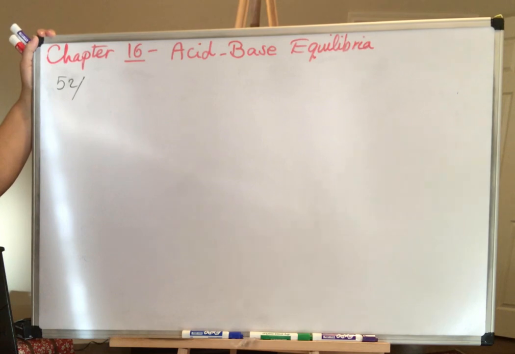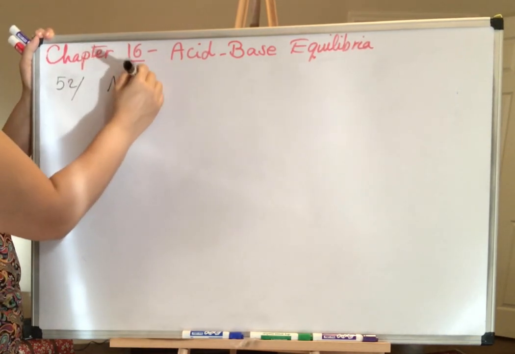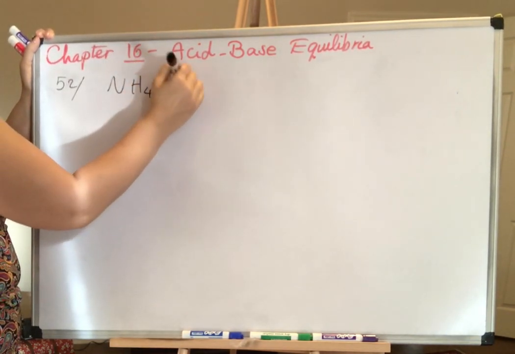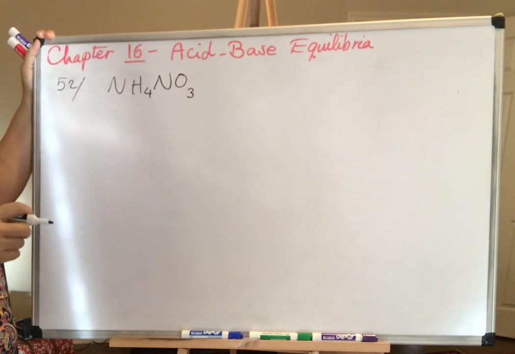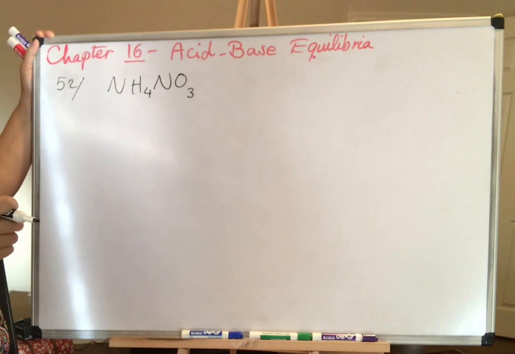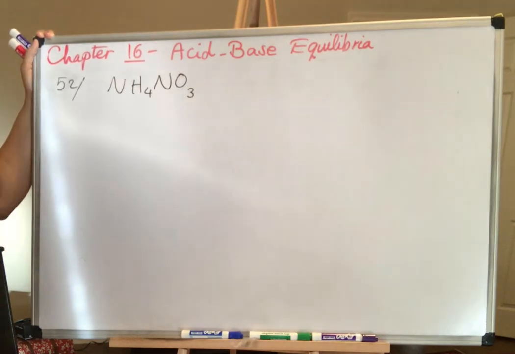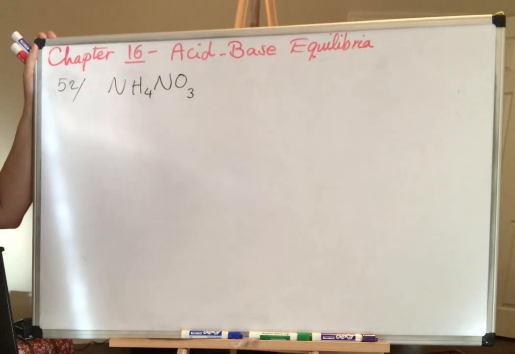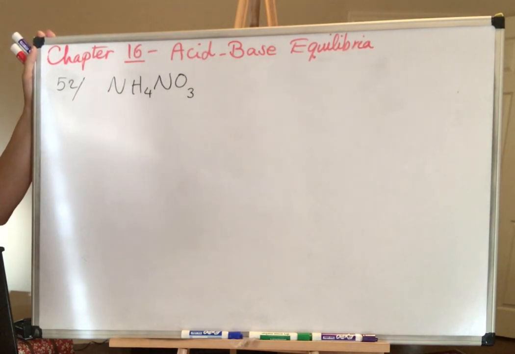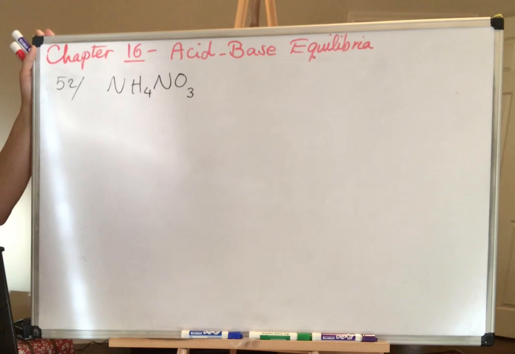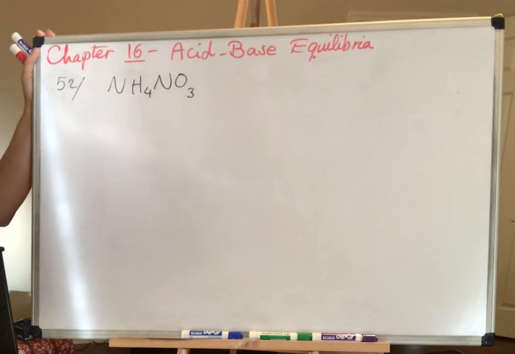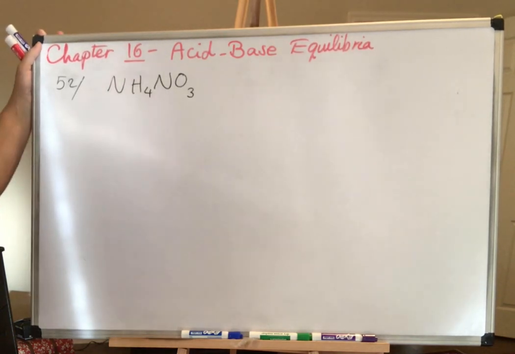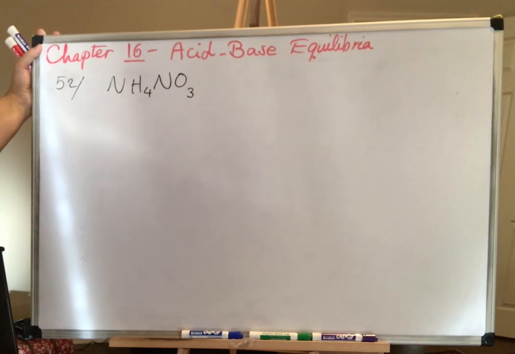Ammonium nitrate, NH4NO3, is administered as an intravenous solution to patients whose blood pH has deviated from the normal value of 7.40. Would this substrate be used for acidosis, when the pH drops below 7.40, or alkalosis, which is higher than 7.40?